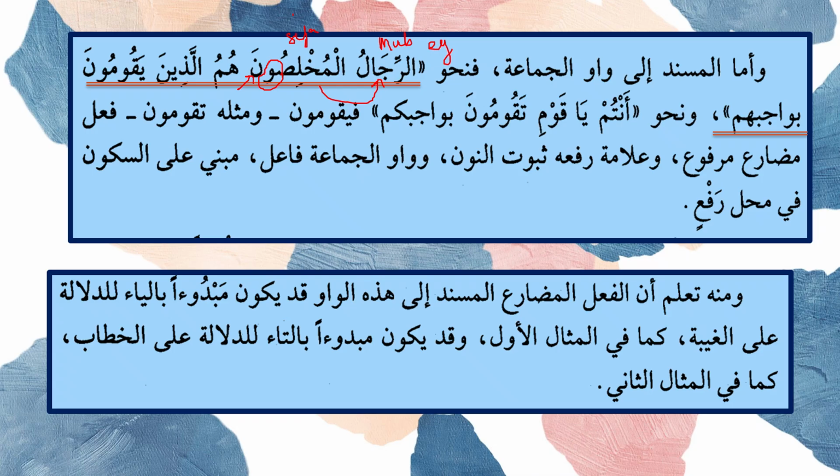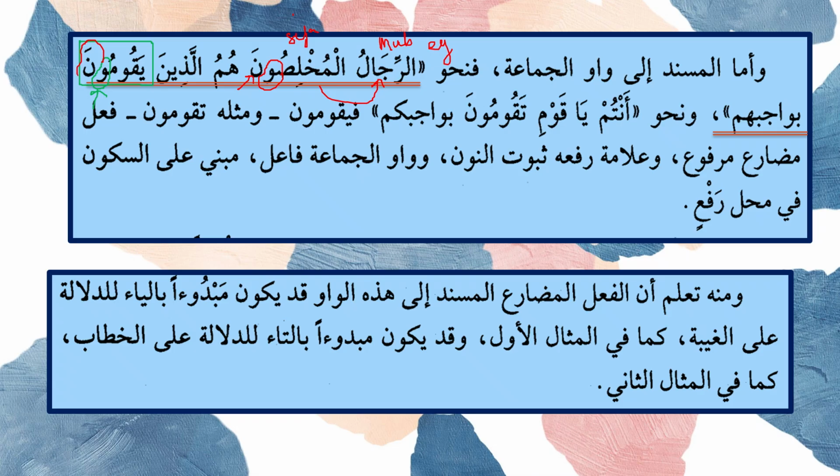So humul ladhina, they are those people yaqumun. So the verb in question here is our present tense, yaqumun. So in this present tense we have our waw al-jama'. What does this letter tell us? It tells us about male and plural. Then after that, the noon comes in.